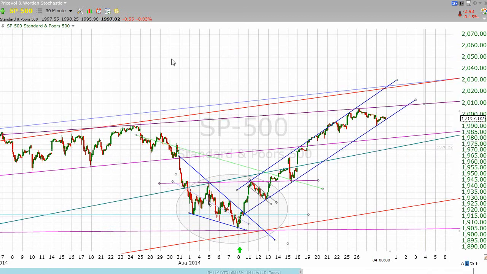So I'm keeping my fingers crossed that that is indeed what happens. You can see down here we had our inverted head and shoulders pattern. Sometimes you get a little nest of these things. So this was the head of possibly an even larger pattern.